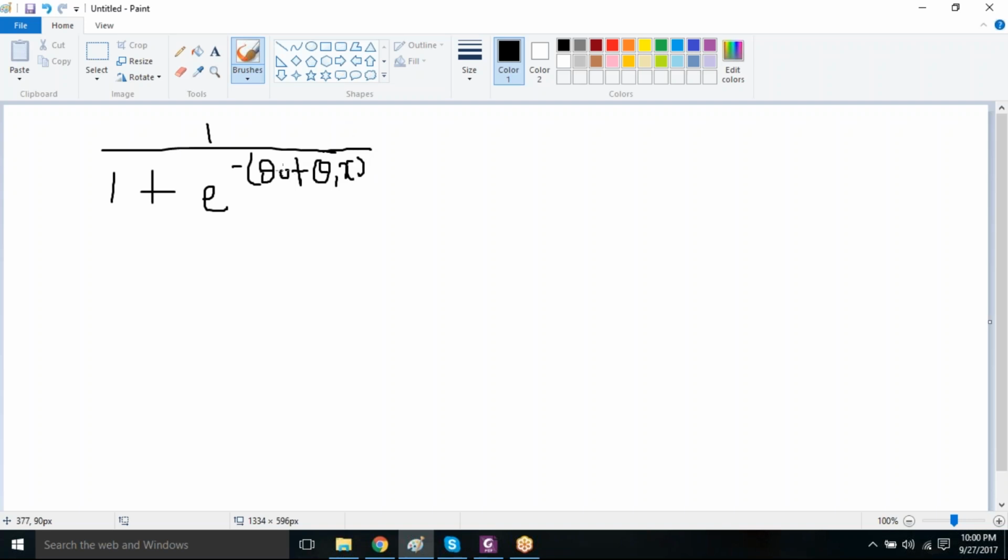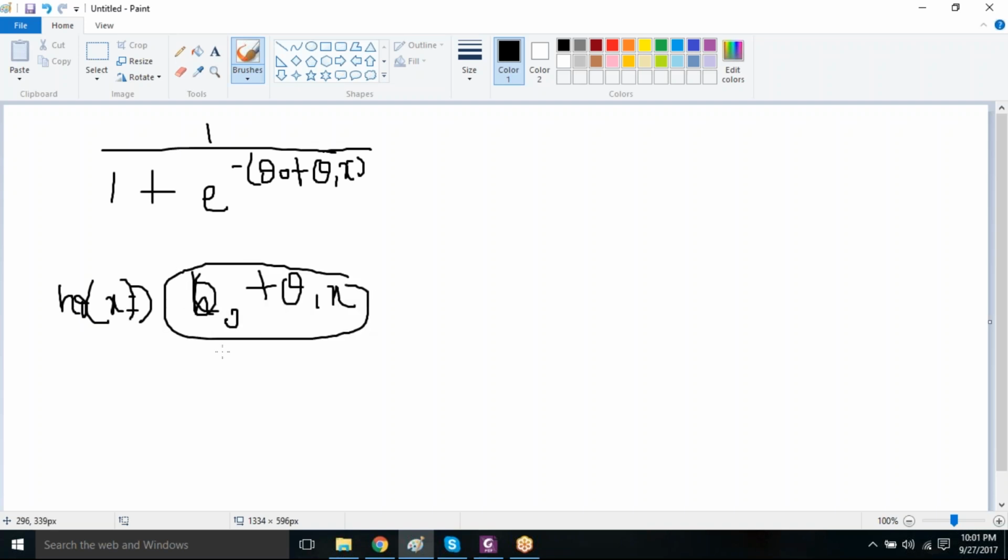Let's say you had some data points and you calculated this h theta x is equal to theta naught plus theta 1x. Now this value comes out to be a positive value, a large positive number.